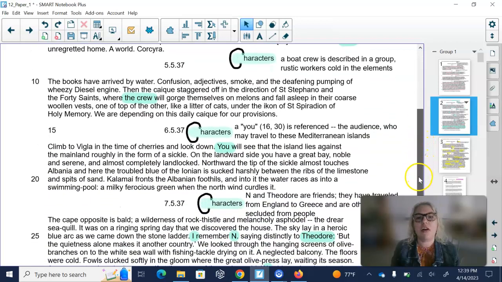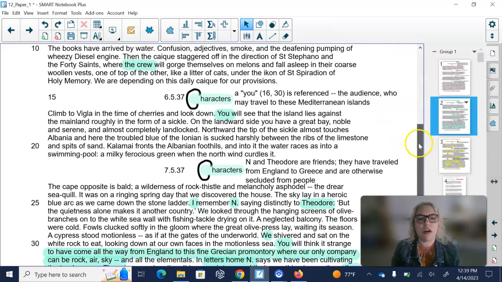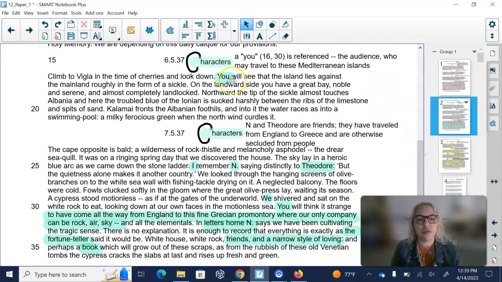From the second paragraph, we see some other characters. A boat crew is described. These are like rustic workers, cold in the elements. In the third paragraph, we see a you is referenced. He's speaking directly to the audience here, and the you is someone who may sometime travel to Greece or the Mediterranean and explore this place.